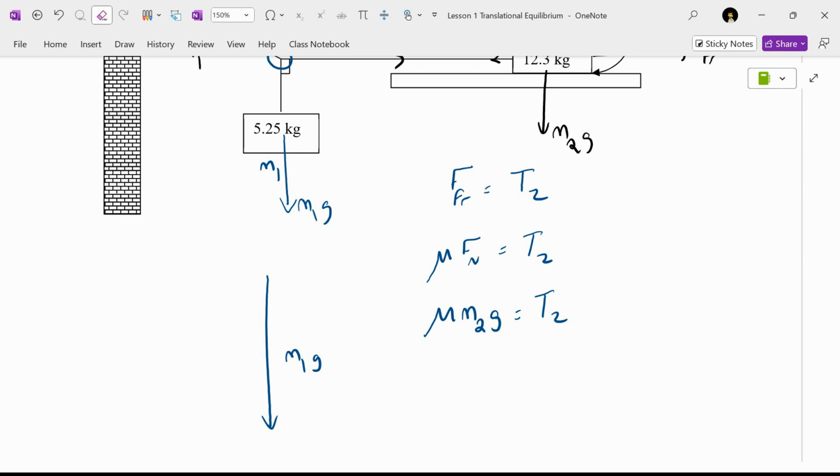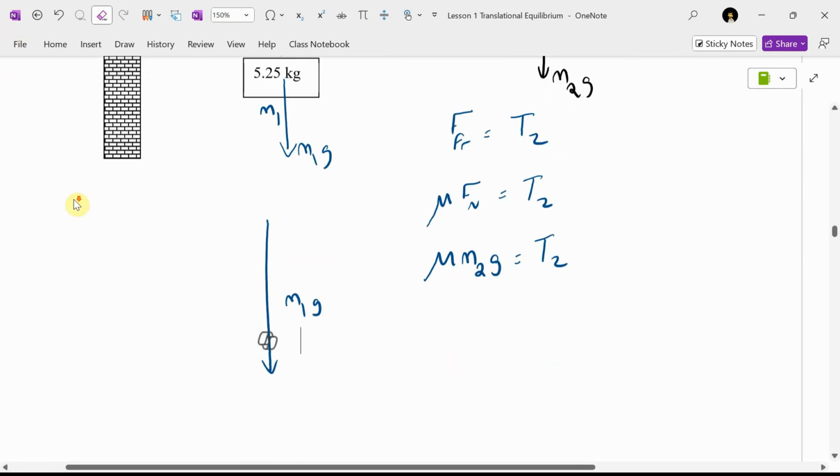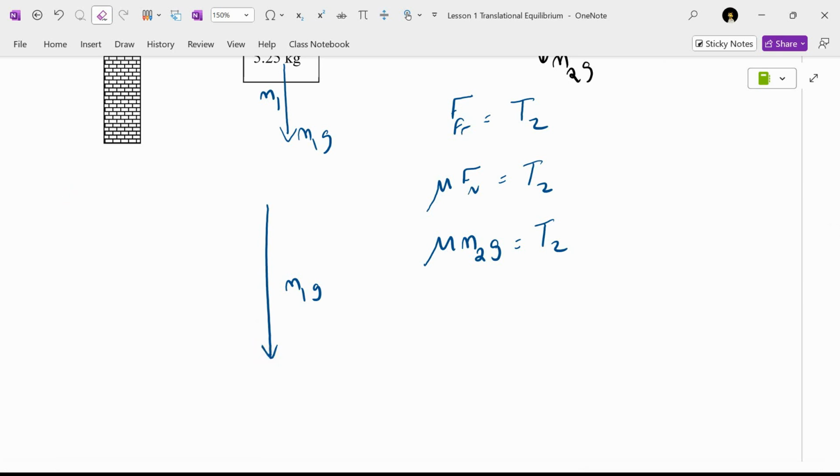I'll draw the yuckiest one next. I'm pretty sure that's tension 1. Which way am I going to draw tension 1? Up, up, up, and I'll stop right there. That's tension 1. Tension 2 is dead horizontal.